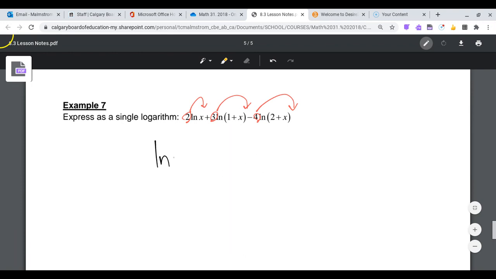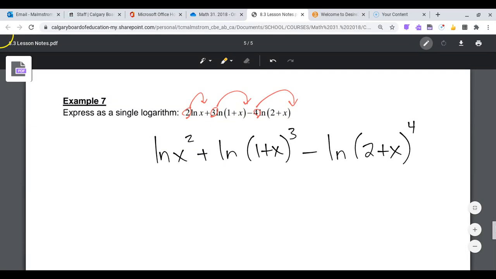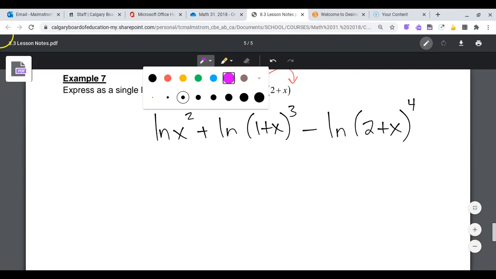Okay, so we have ln x squared plus ln (1 plus x) cubed minus ln (2 plus x) to the power 4. BEDMAS rules apply, so I'm going to just do this from left to right. I have a plus to start with, so that'll be the product law.